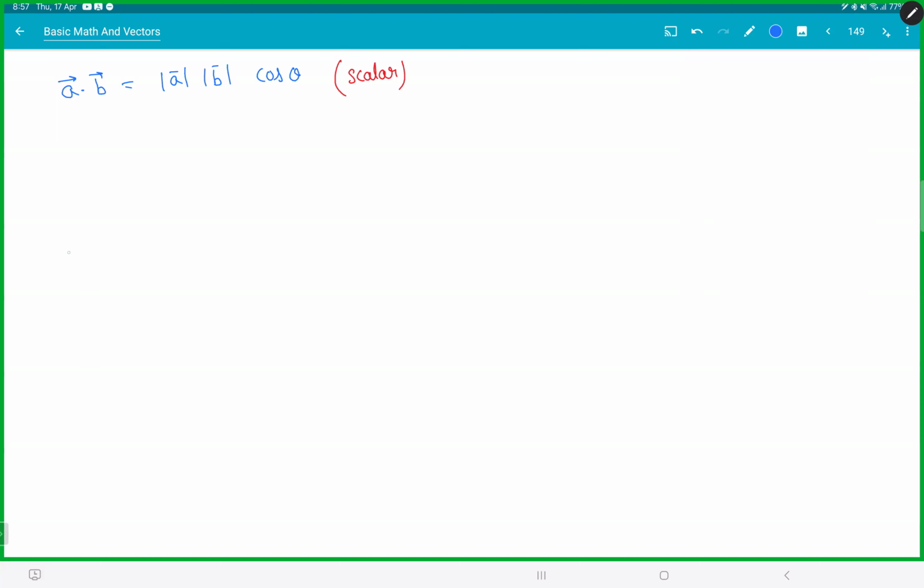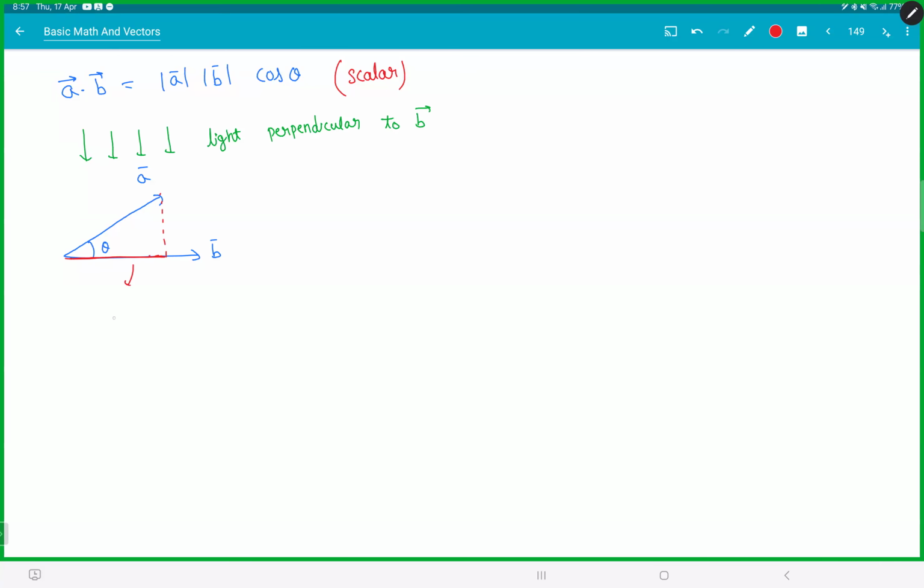Listen to this. Let's say you have two vectors, A bar and B bar, and let's say you shine some light from the top, perpendicular to B bar. Then you will notice whatever light falls here, you'll get the shadow of this thing.